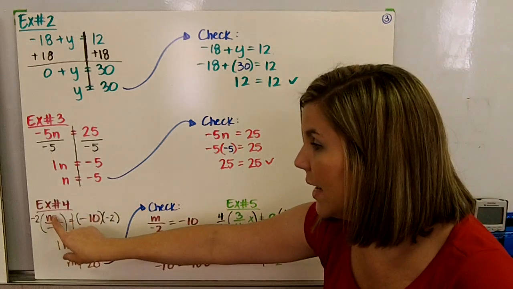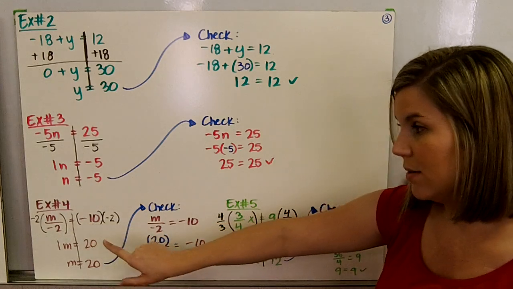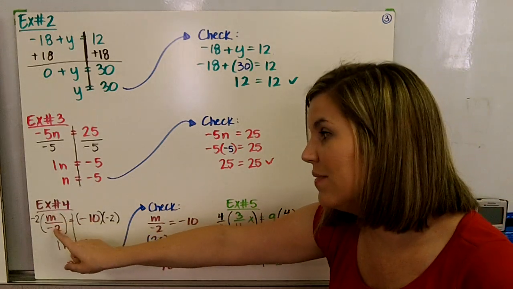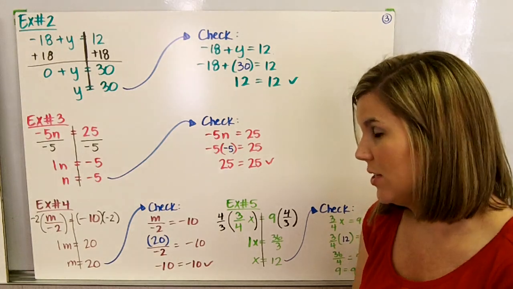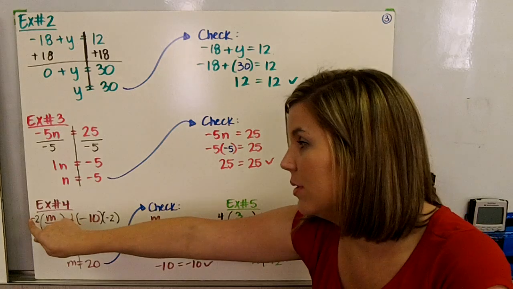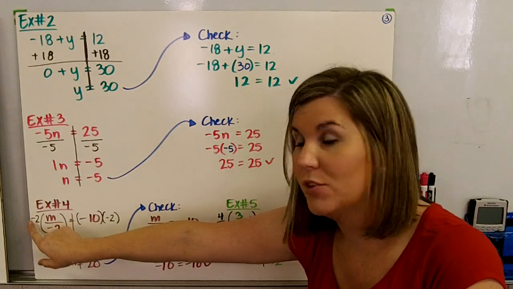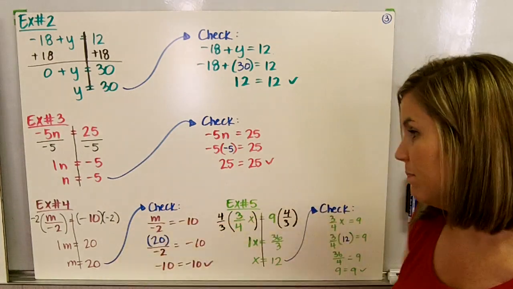Example number 4. m divided by negative 2 equals negative 10. Now this is m divided by -2. So the opposite of division is multiplication. So we're going to multiply both sides by -2. So I multiply by -2 here, and I multiply by -2 on the other side of the equal sign.